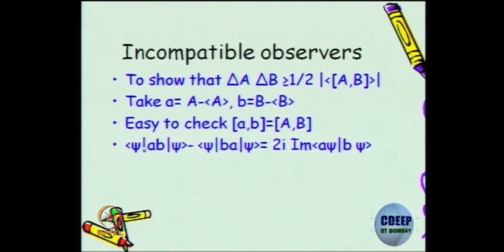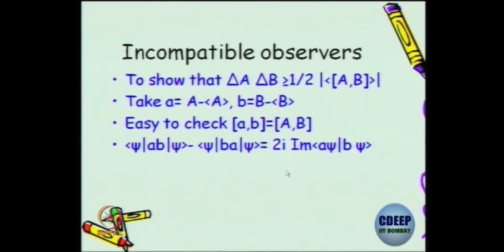So if you take the inner product of two states minus the star of the inner product of those two states, the difference will always be proportional to the imaginary part. Just check it out. Take B with psi as some new state, A with psi as some other state, and try to show this using the inner product property.